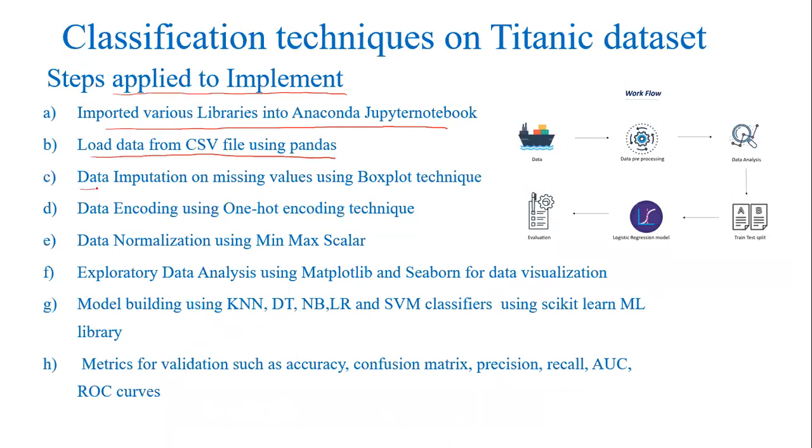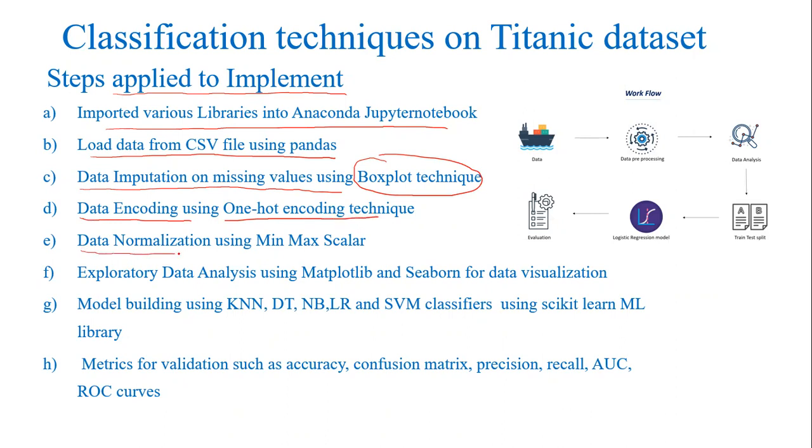Then, if the data set has missing values, we need to go for data imputation. Here, I have used a technique called the box plot technique. And then, if the data has categorical features, we need to apply a data encoding technique. I have applied the one hot encoding technique.